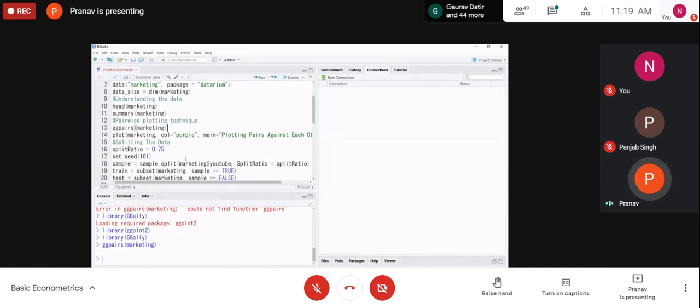One more thing, guys: whatever examples we do, in all such examples, the model does not contain any misspecification. What is misspecification?